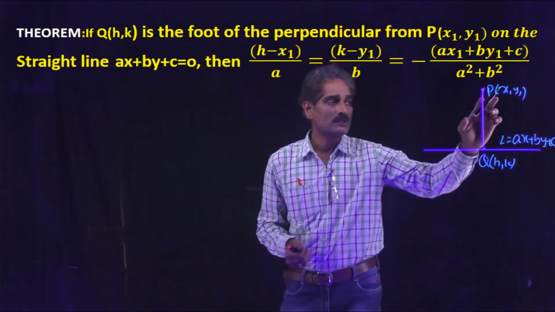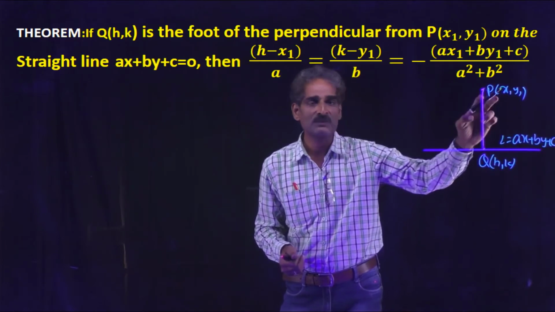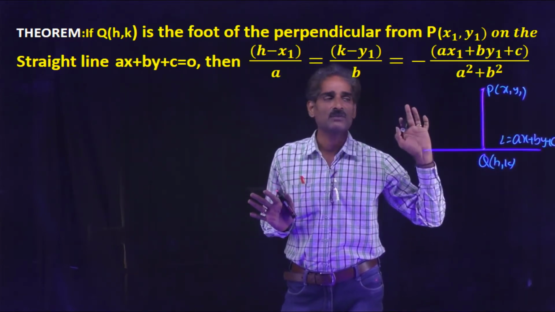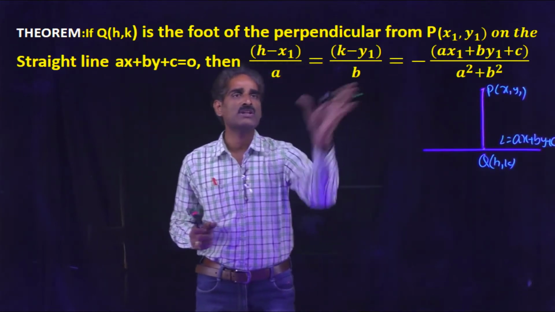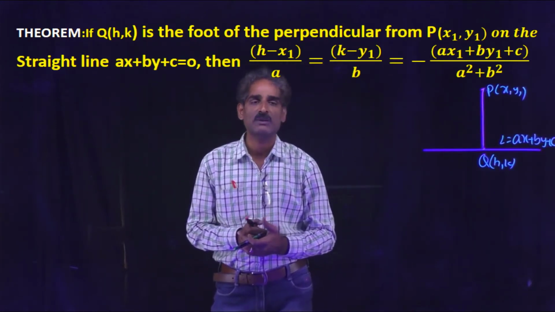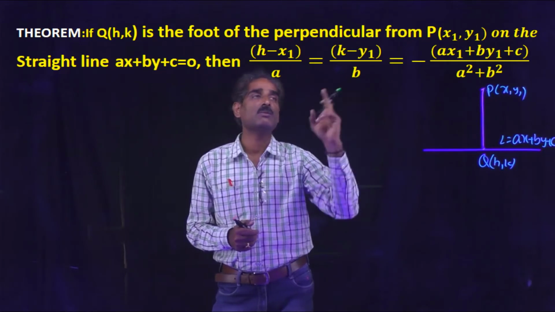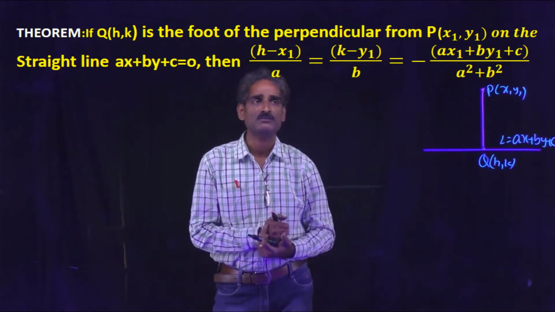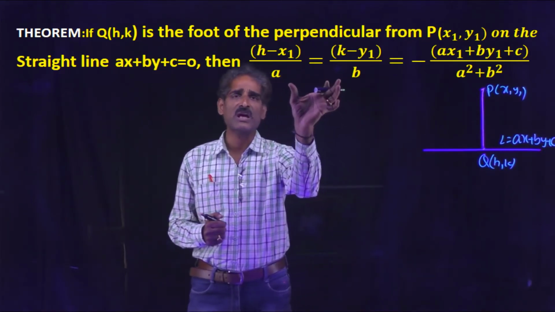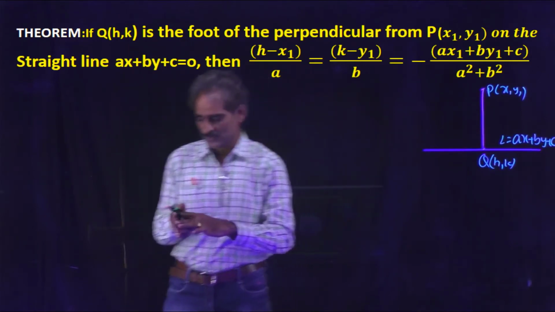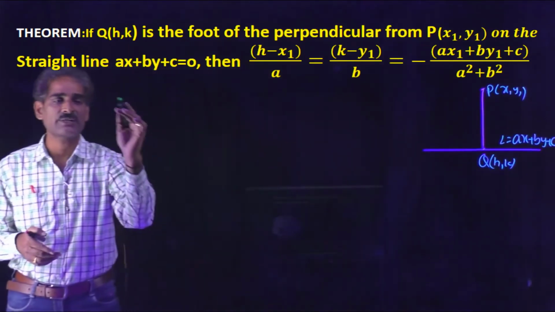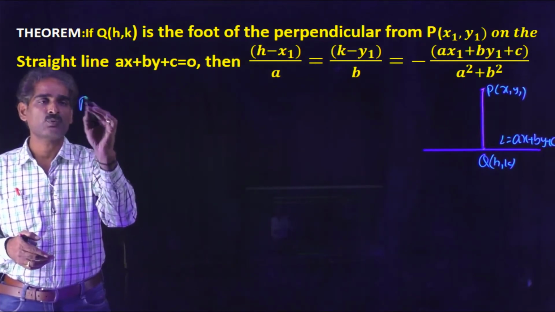Understand? This is the foot of the perpendicular on this line. So with this data we have to prove this statement: (h minus x1) by a equals (k minus y1) by b equals minus of something. Just observe these two terms, (h minus x1) by a and (k minus y1) by b. What is the given data? First of all, write down the proof.